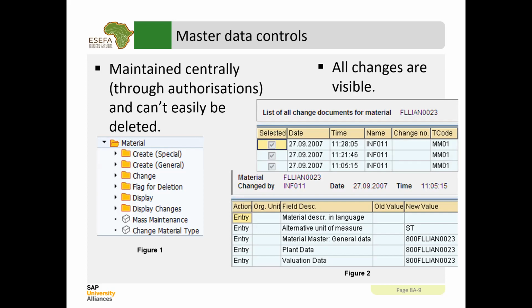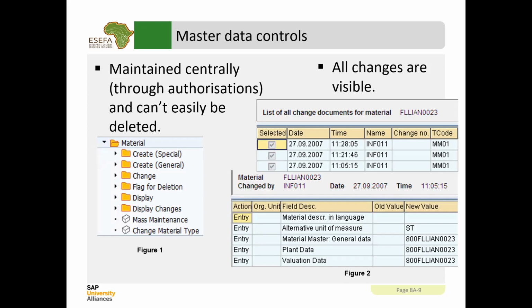So somebody like a storehouse manager cannot just move a particular good and delete it from the system. So once a movement is made, certain data in the system are automatically updated. And that is what is meant by maintained centrally.